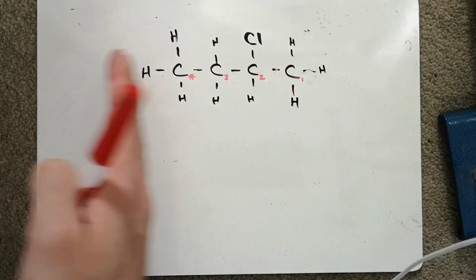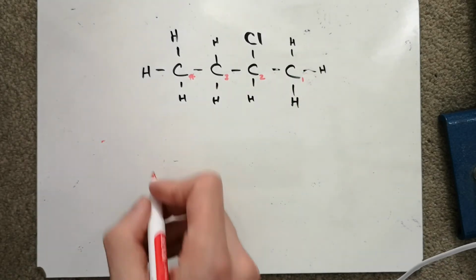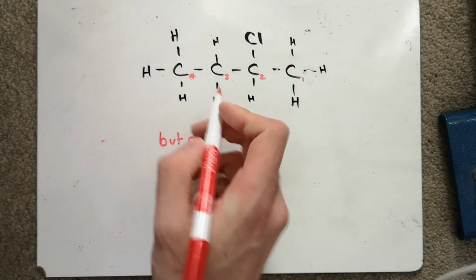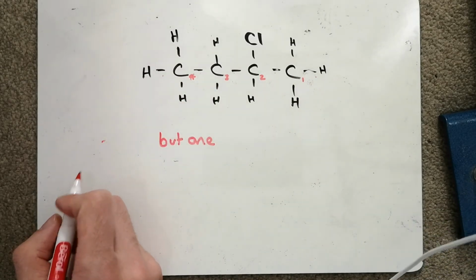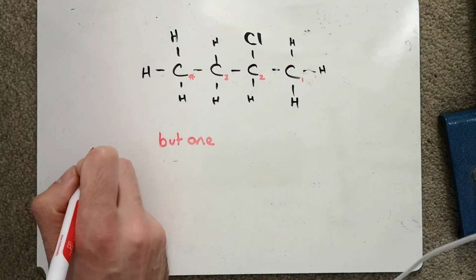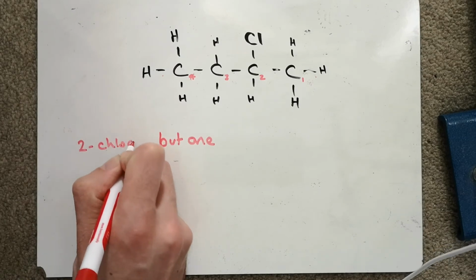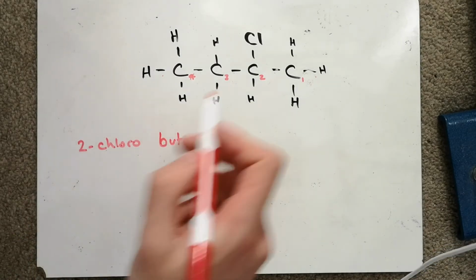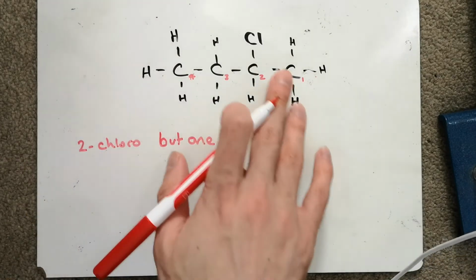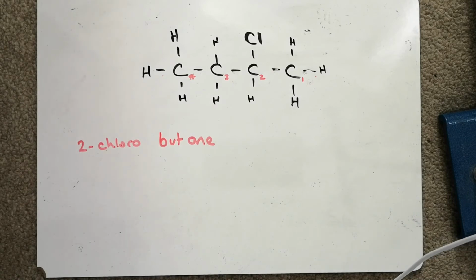I'm counting right to left in this case because then it gets my chlorine on a lower carbon number. So this is butane, because there are 4 carbons, and this is a haloalkane, so it's a prefix, and this is 2-chlorobutane. 2-chloro lets us know which carbon it's on, and then butane for 4 carbons all single bonded to each other.